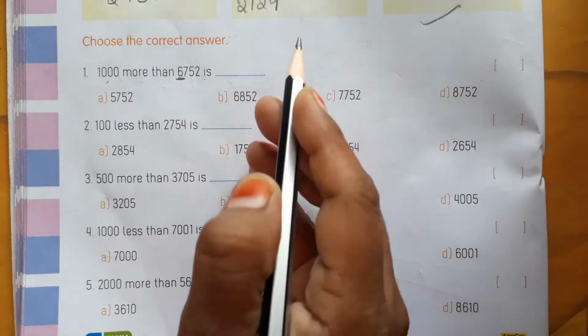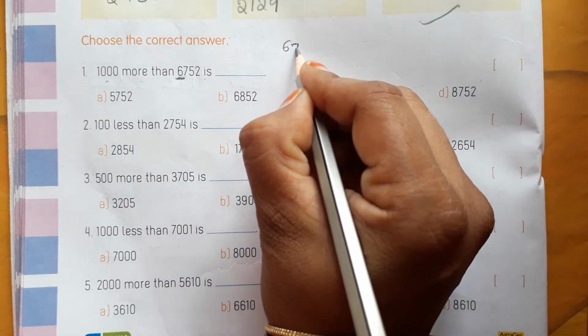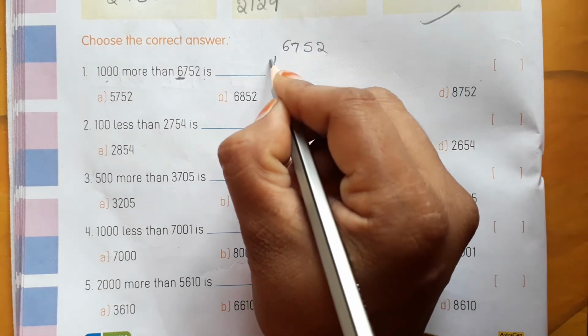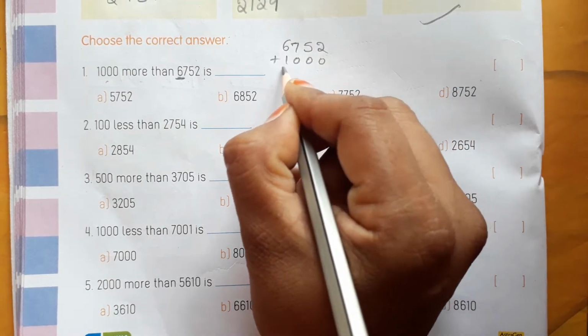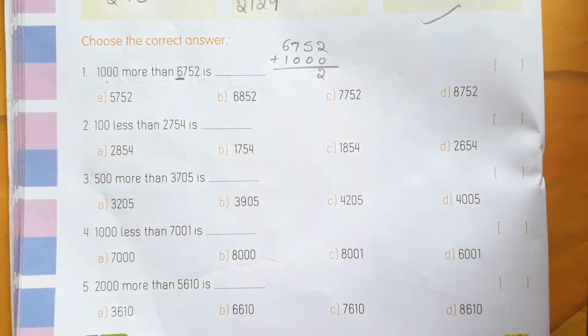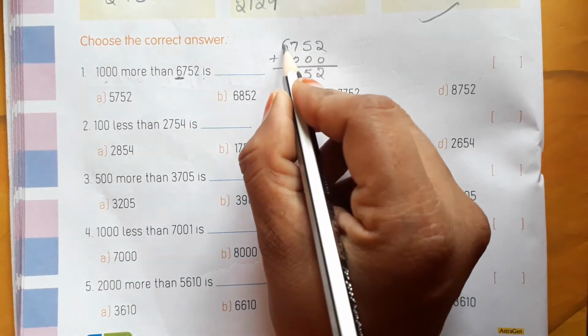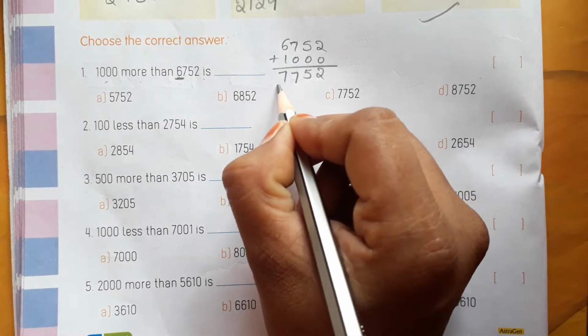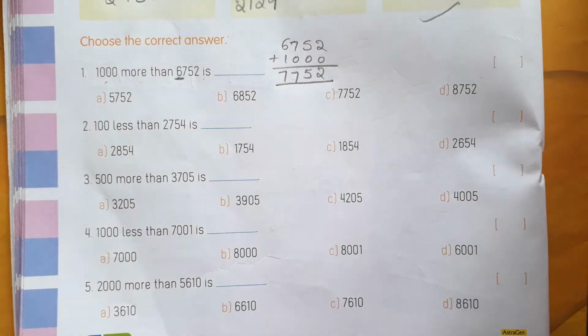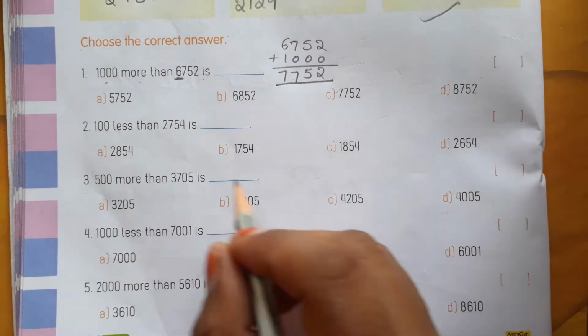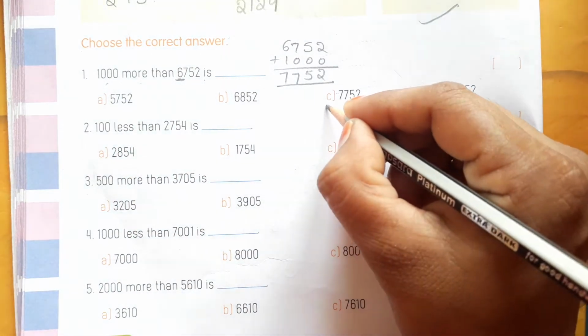So 6752 plus 1000. What is the answer? 2, 5, 7. 6 plus 1 how much? 7. 7752. Where is that? In option C.